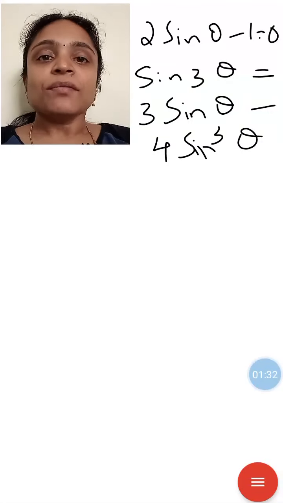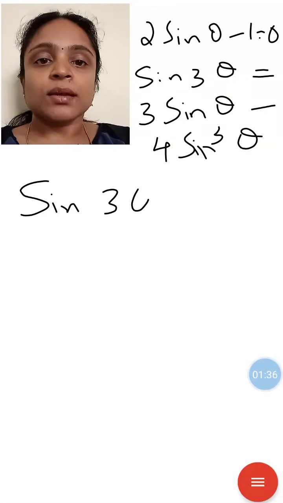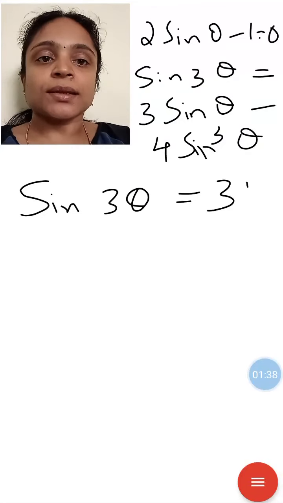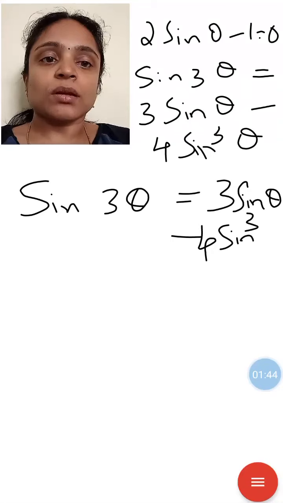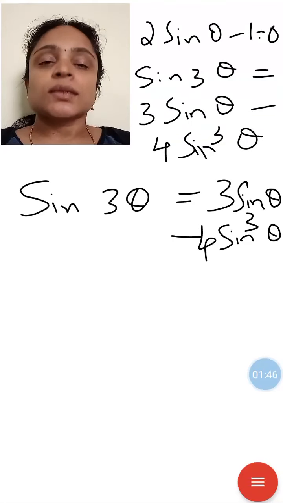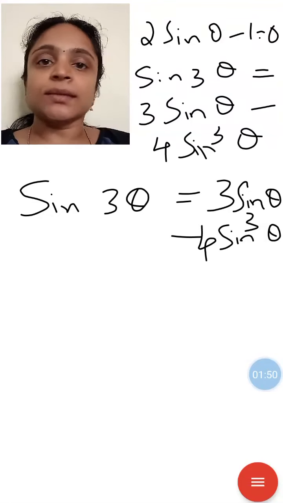Now, we have to prove that sin 3 theta equal to 3 sin theta minus 4 sin cube theta, right? We know that theta equal to 30 degrees.